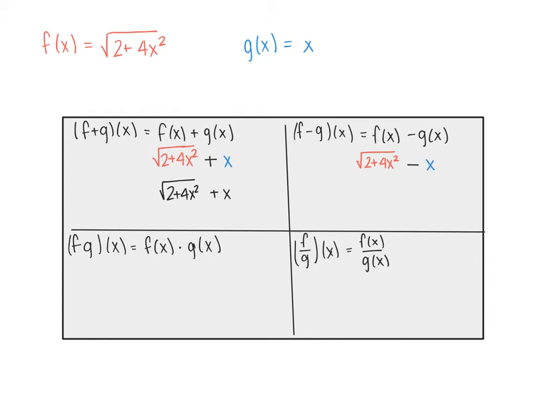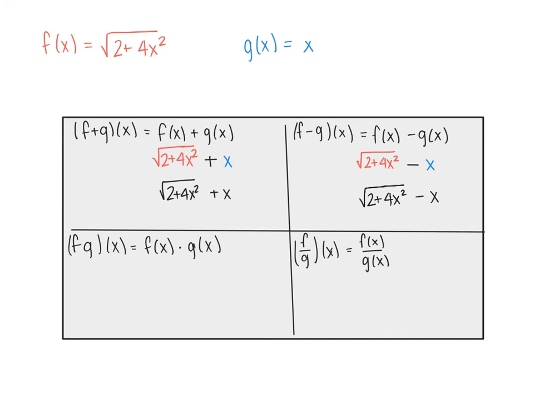Now sometimes if you have more than one thing with subtraction, especially if you have more than one thing over here, you'll have to put parentheses and distribute. But because this is just an x, there's nothing to distribute. But be aware that sometimes with subtraction, you'll need to put parentheses around your g. In this case, it's only one, so I didn't need the parentheses. And again, that one's done because I can't combine square roots and x's. So that is my final answer.